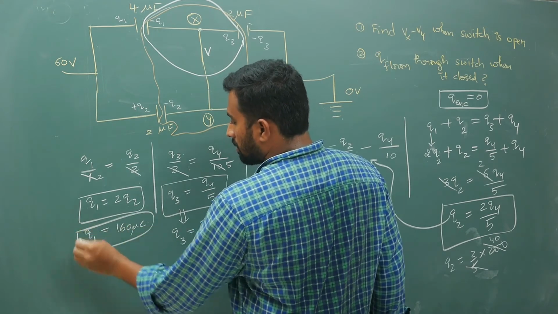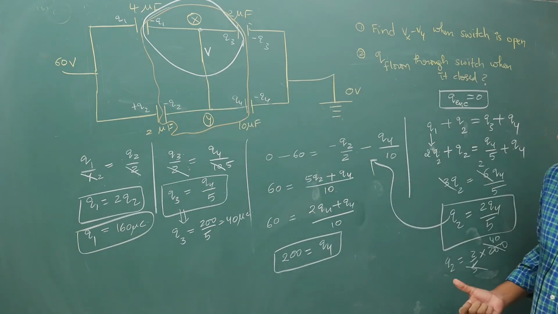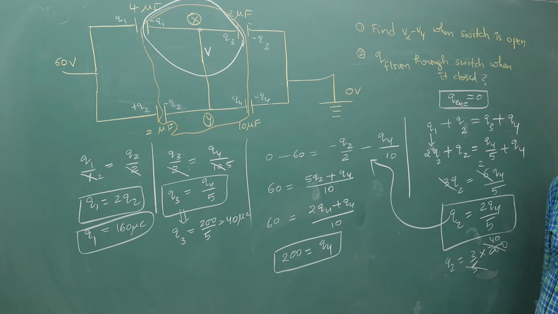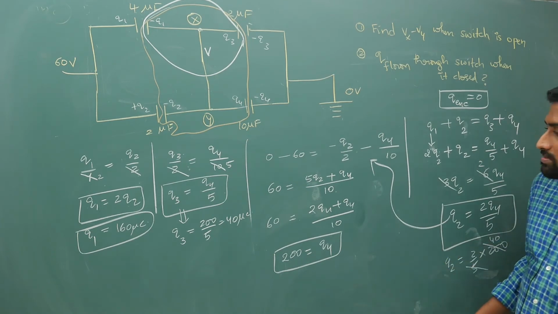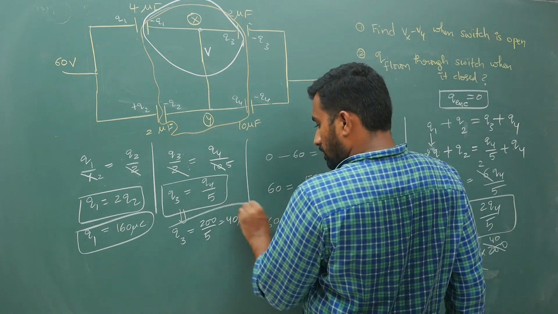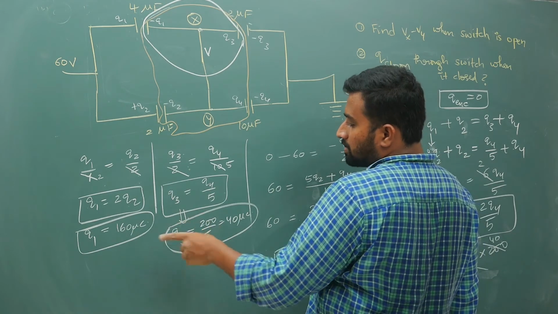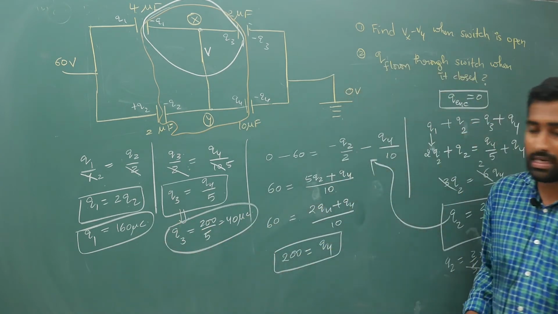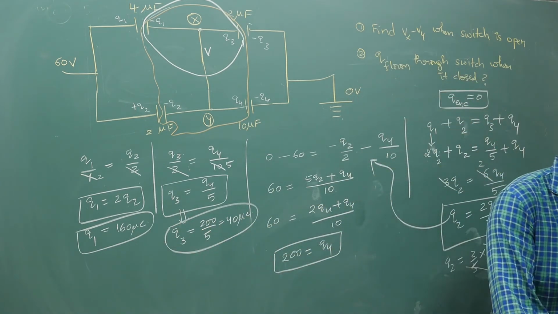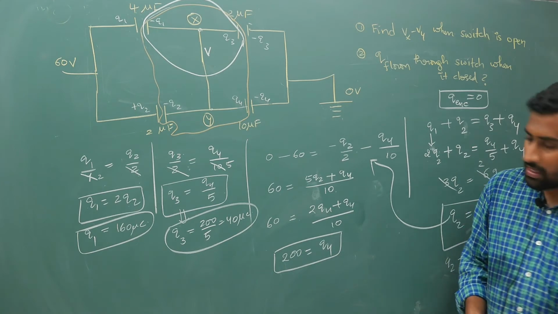I have done the calculation here. Now the enclosed charge is q3 minus q1. q3 is 40, 40 minus 160 gives 120.